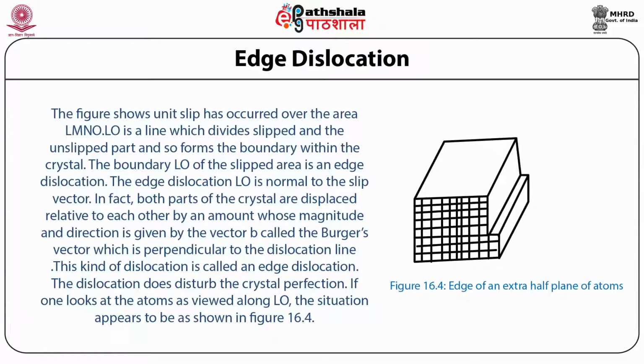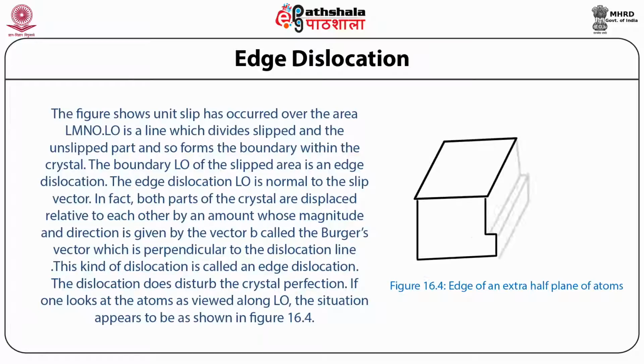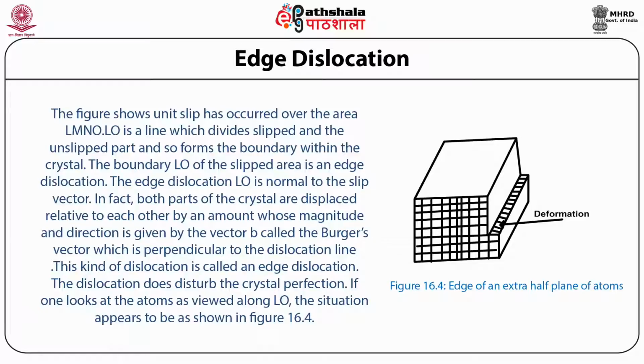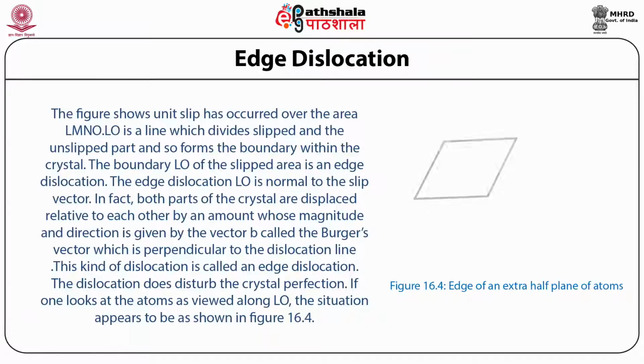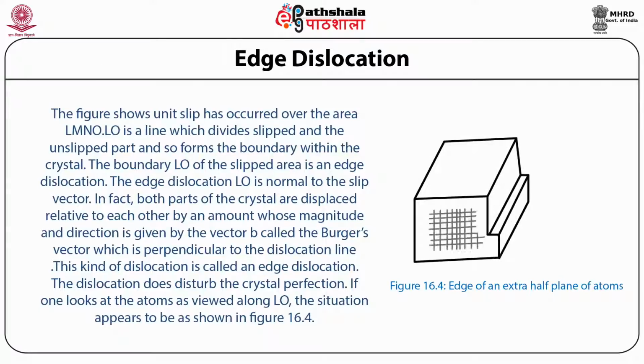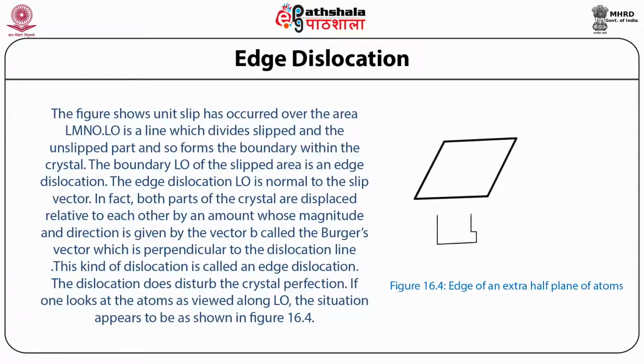The boundary LO of the slipped area is an edge dislocation. The edge dislocation LO is normal to the slip vector. In fact, both parts of the crystal are displaced relative to each other by an amount whose magnitude and direction is given by the vector B, called the Burgers vector, which is perpendicular to the dislocation line.